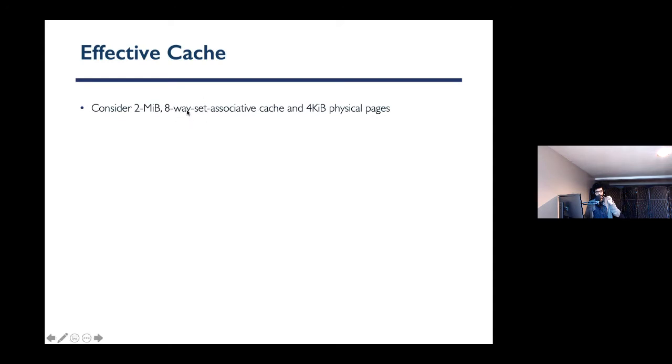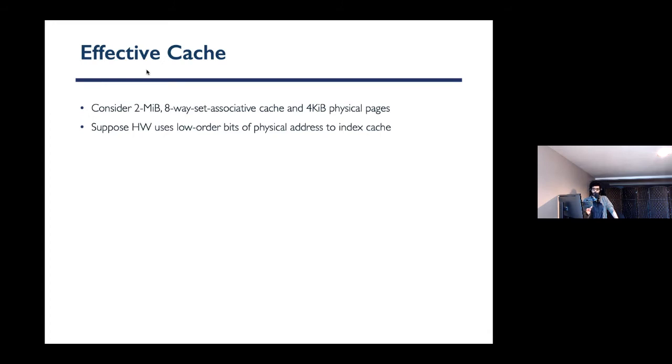Although no, actually there is one piece that is left, and that would be the block size of your cache. But anyways, if I give you the block size, then you can actually tell me how many sets you have in your cache.